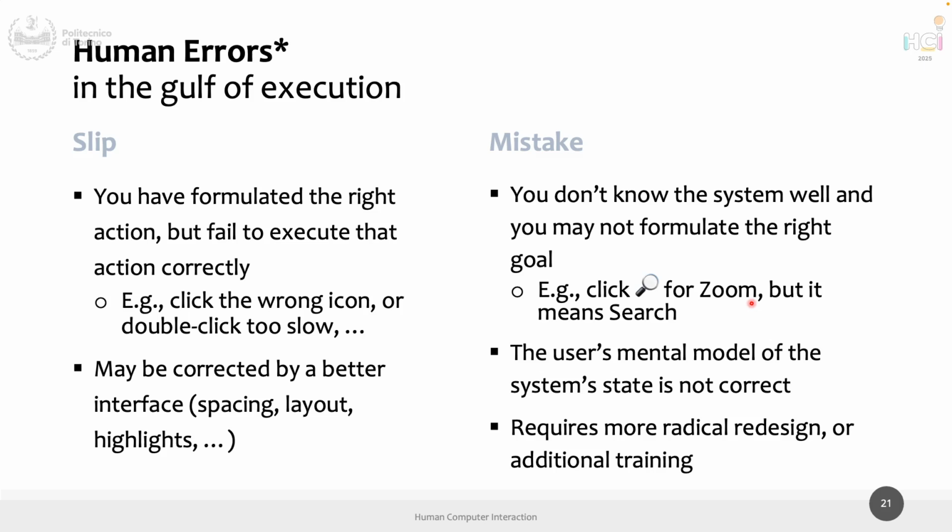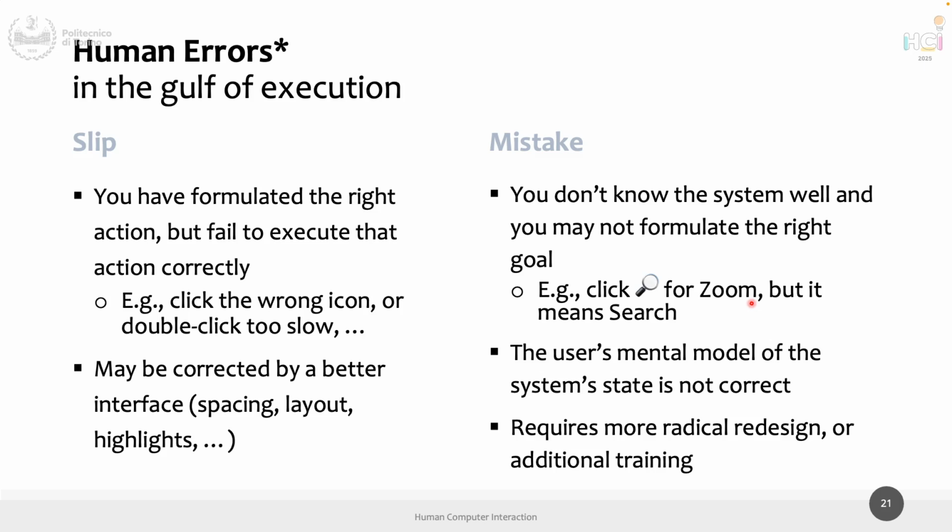The action is right, but I'm performing it in a way that is not producing the result. These slips are minor things that can be corrected by a better interface. Spacing, layout, removing the double click if it's not needed, etc. Tweaks, simple to do, easy to do, quick to do.